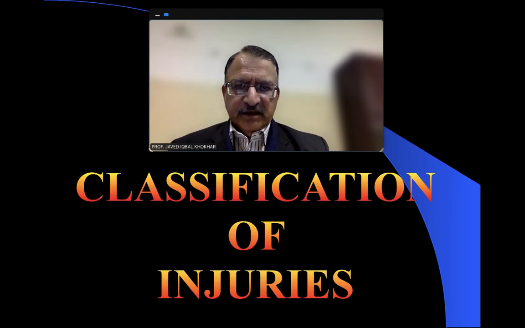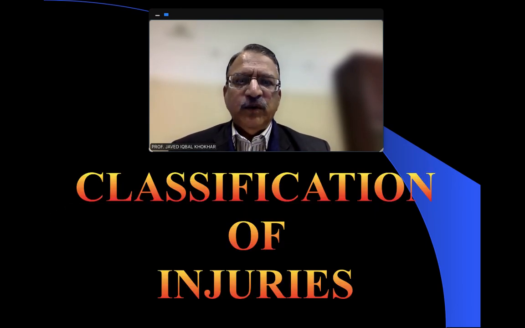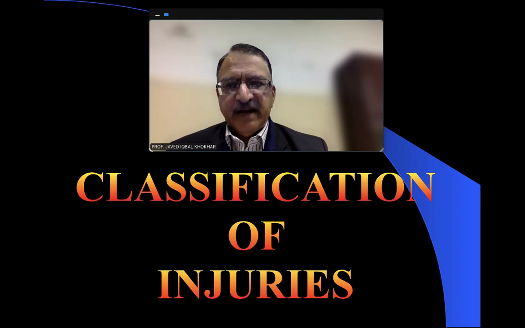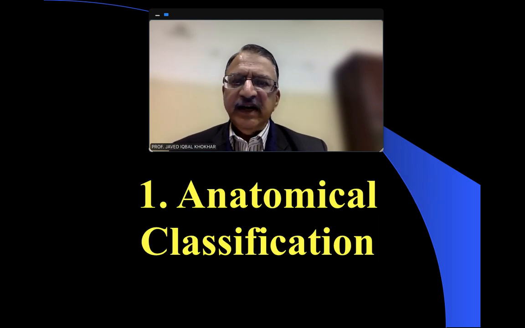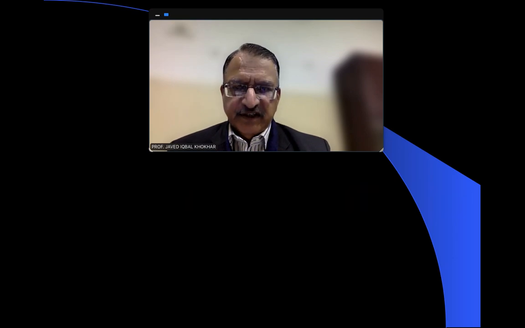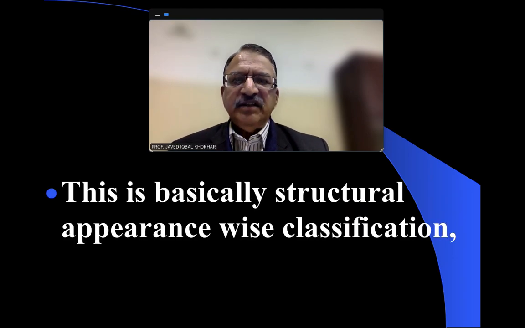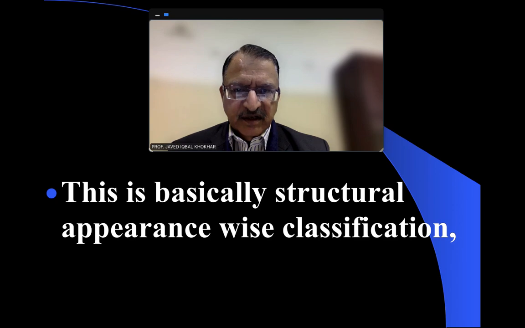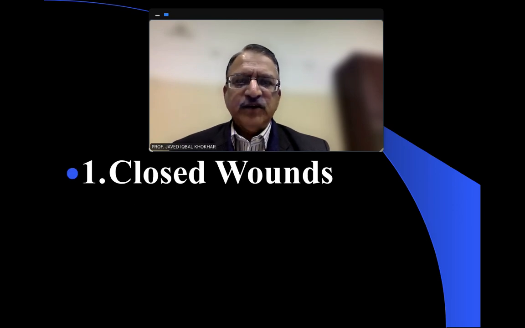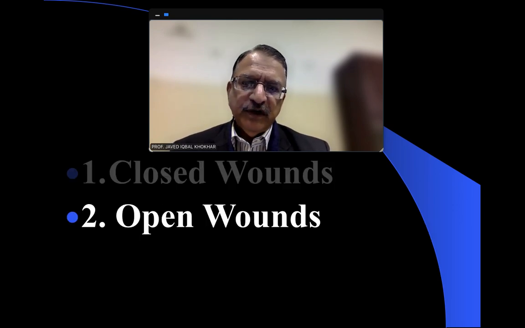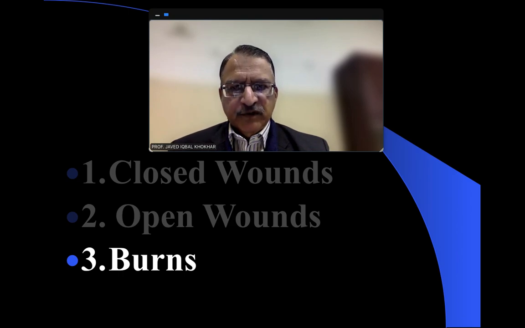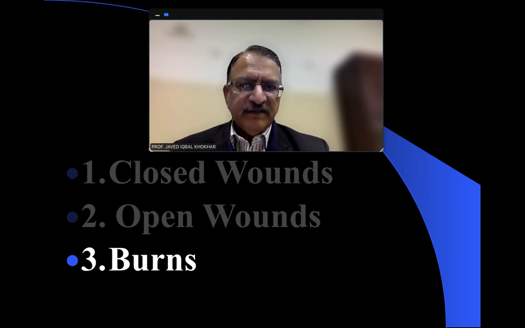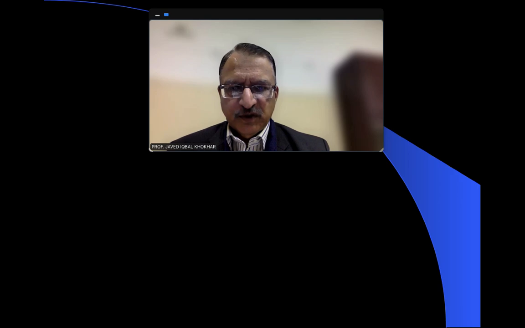And now we try to understand the various classifications. We can classify injury according to various parameters, like anatomical classification. This is basically the structural appearance, and we classify as closed wound, open wound and burns. So these are the classifications which structurally appear to us.